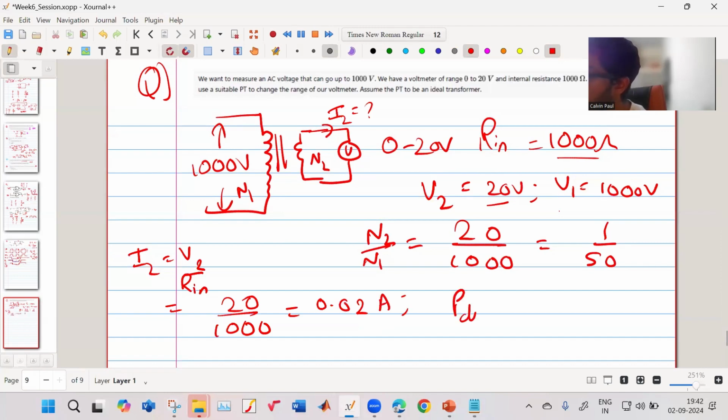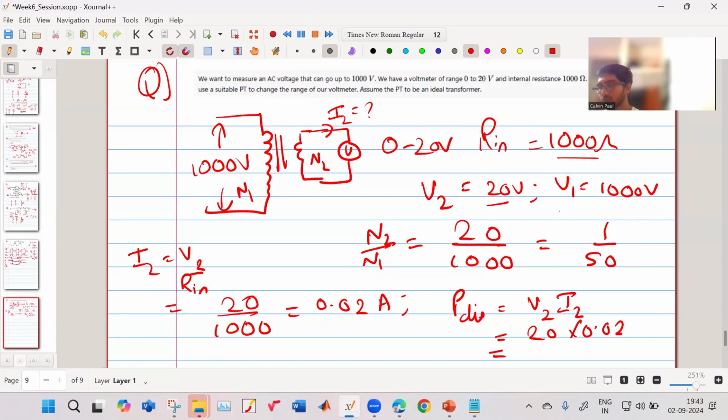The power dissipated is V2 into I2, that is 20 into 0.02, which is 0.4 watt.